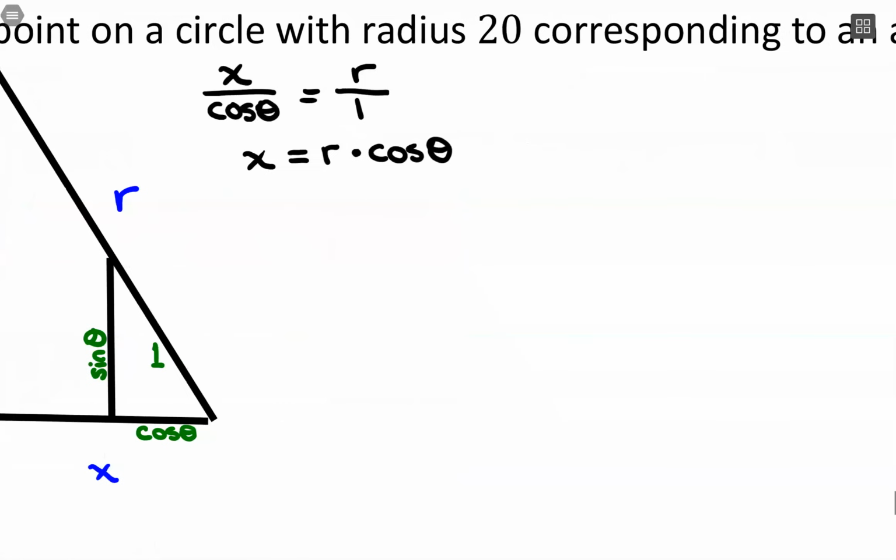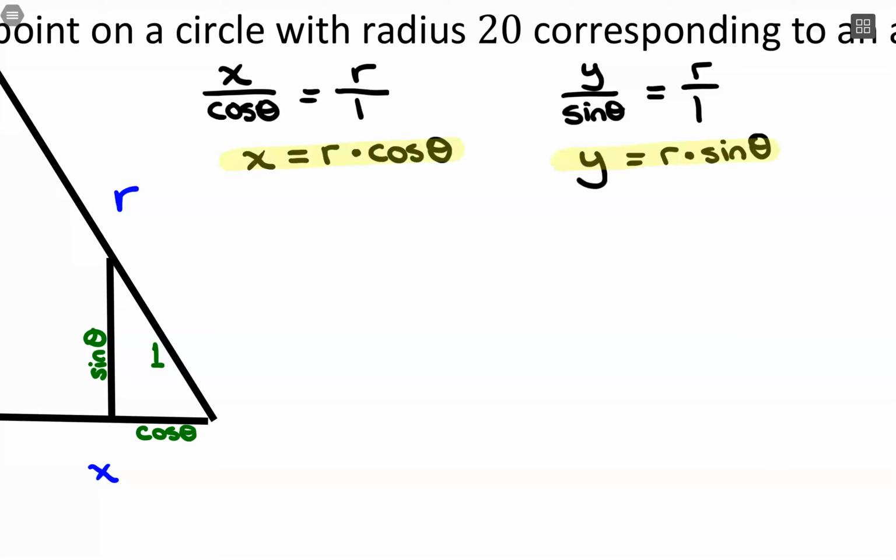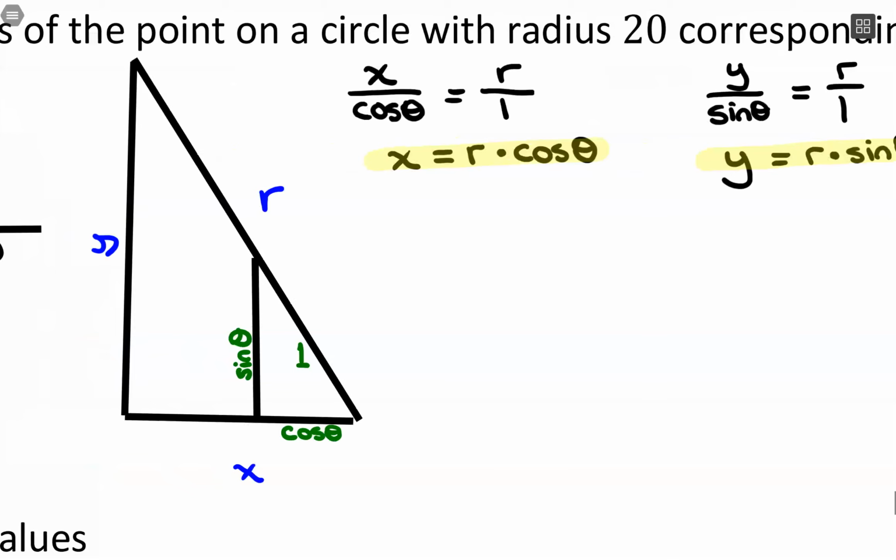And the same exact thing happens with y. If we think of y scaled to sine theta should be equivalent to r scaled to 1, solving for y should be the same as r times sine theta. So this is a rule that we're going to use here. We just hadn't derived that rule before, but it comes from the idea of similar triangles, but we can use this. So what we're using in this example here is the fact that we have an angle measurement of 120 degrees.